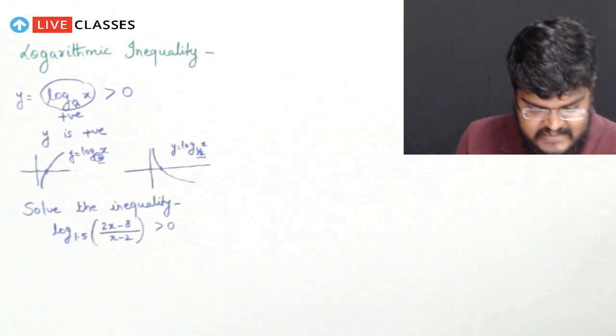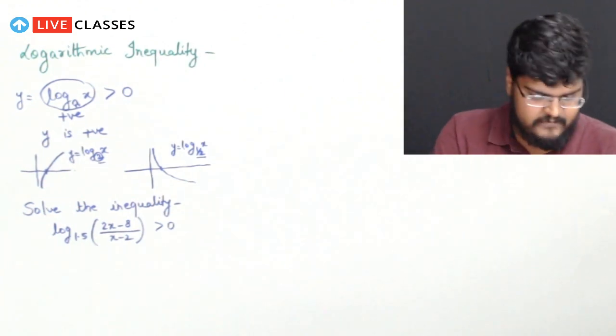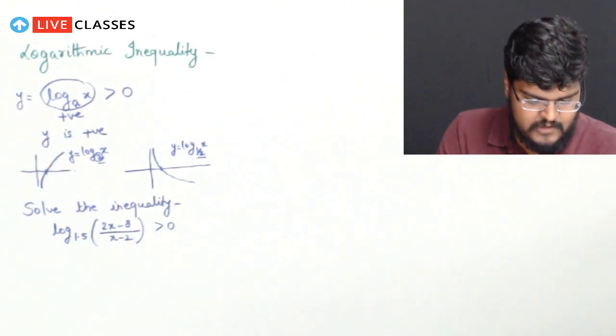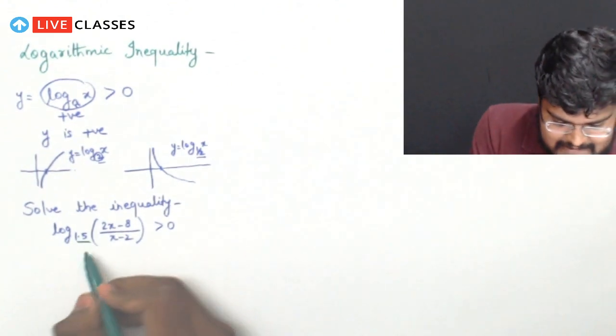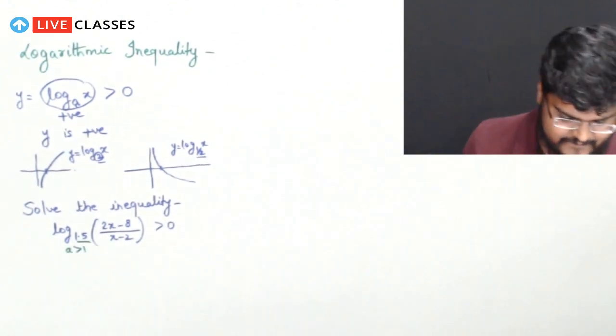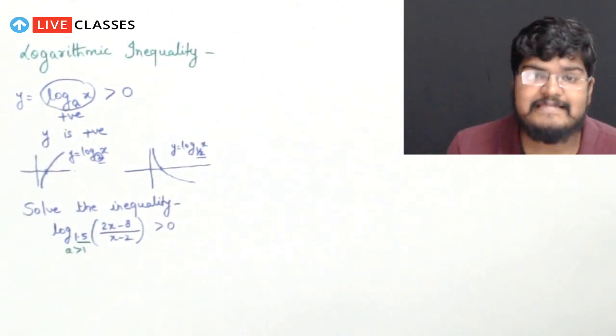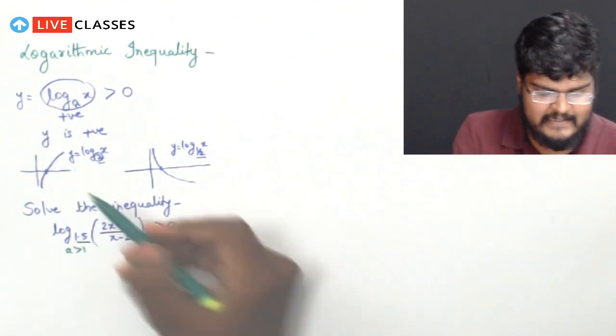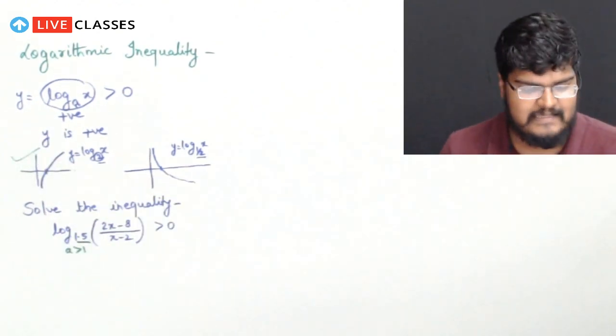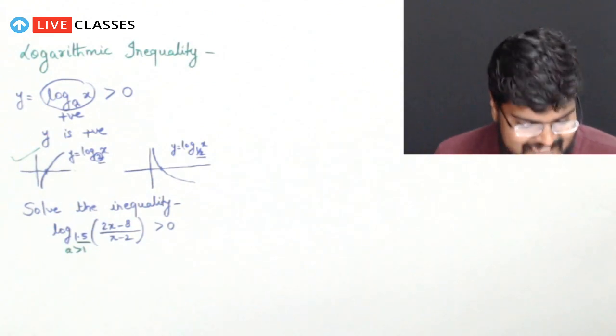From the conditions that we've already discussed about logarithm, the first thing that's for sure is that the base is greater than 1. Since your base is greater than 1, it is this graph that is applicable to your inequality.